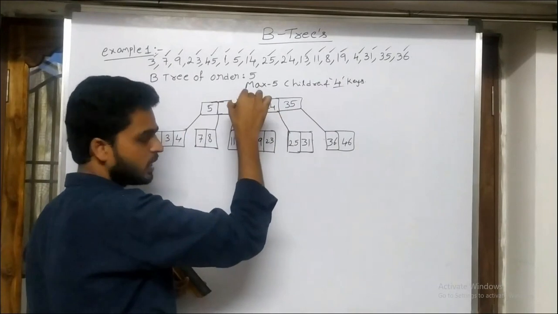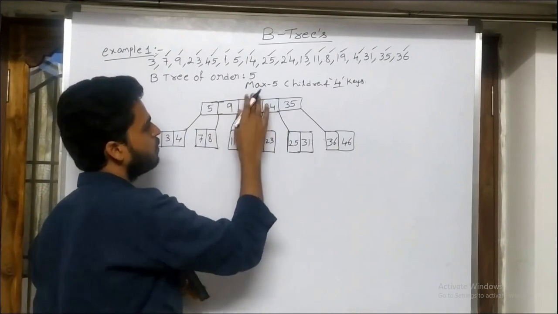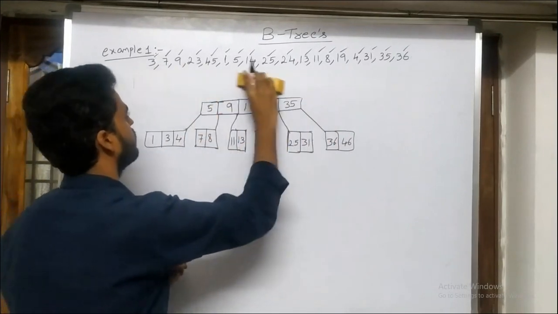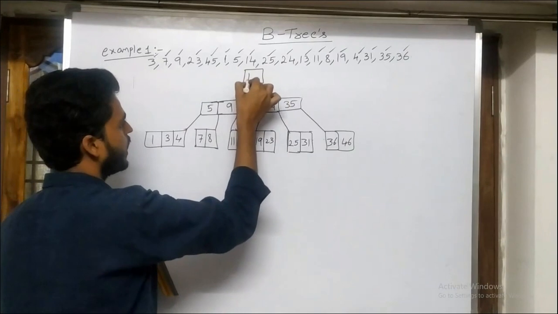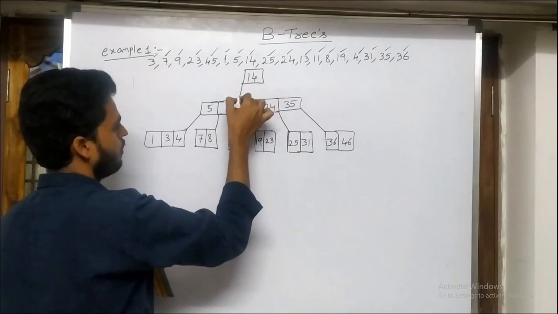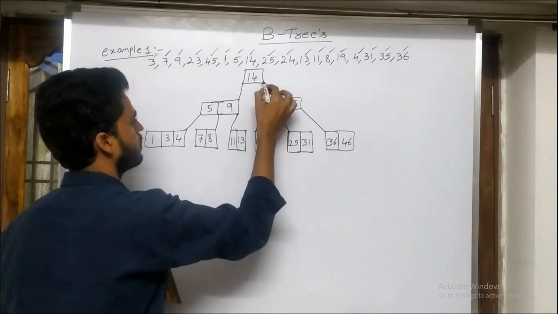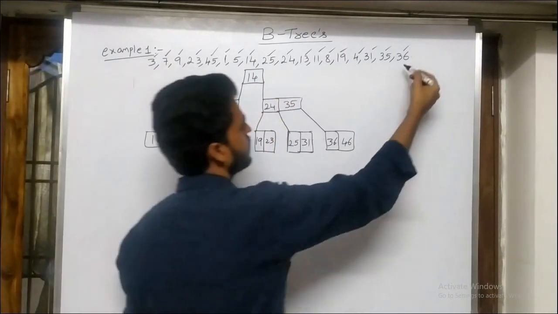So when it is violating, we need to take out the middle element. What is that middle element? Middle element is 14. So I will pick up and I will make adjustment like this. 14. So my elements are completed.